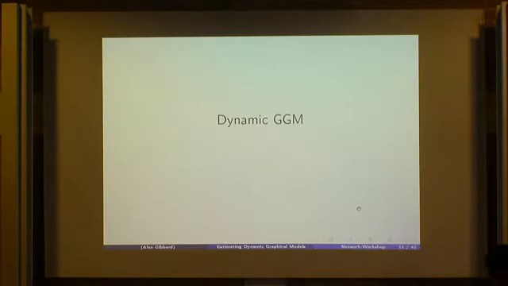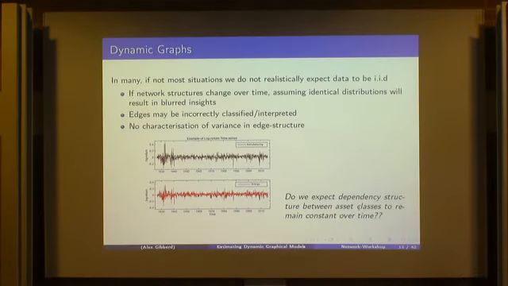Now this was an overview of what the literature on graphical models, or Gaussian graphical models, has. Now I will move to the more pertinent setting that I am looking at here, which is the dynamic Gaussian graphical model. In many situations, we do not realistically expect data to be i.i.d. Rather, network structures change over time, and assuming identical distribution will blur many of the underlying dynamic mechanisms.